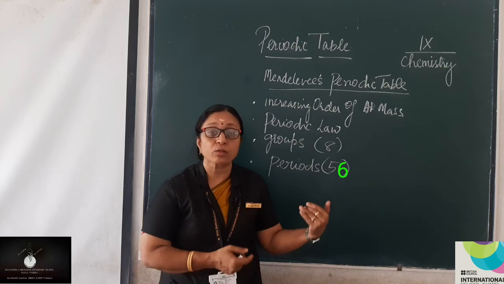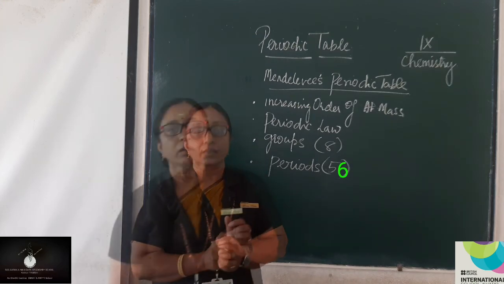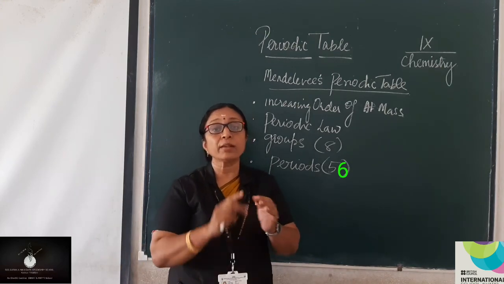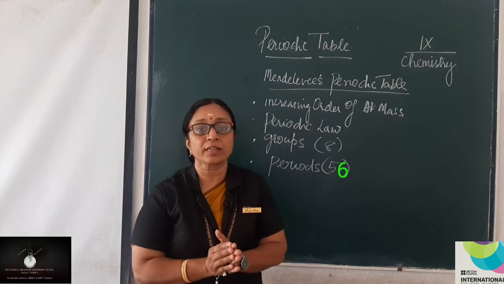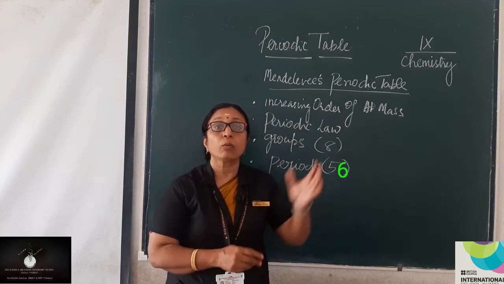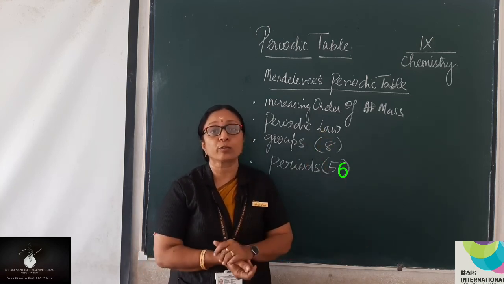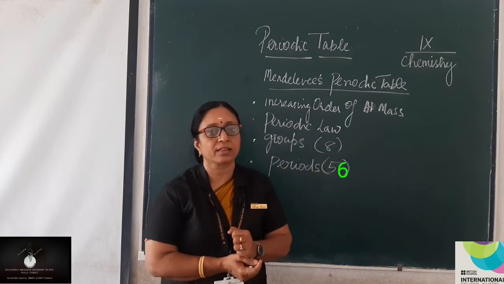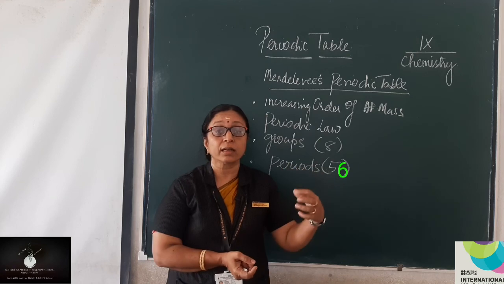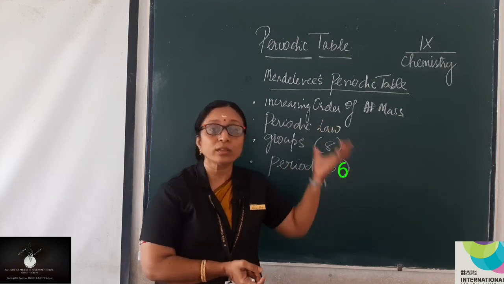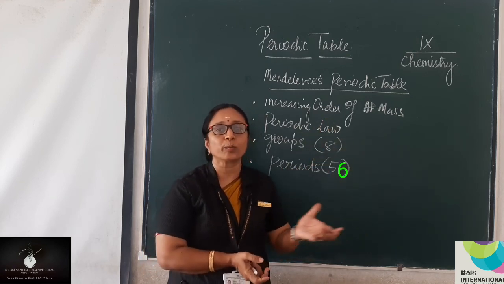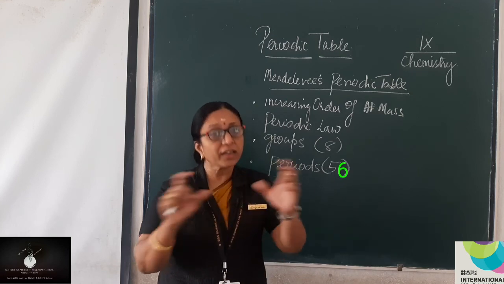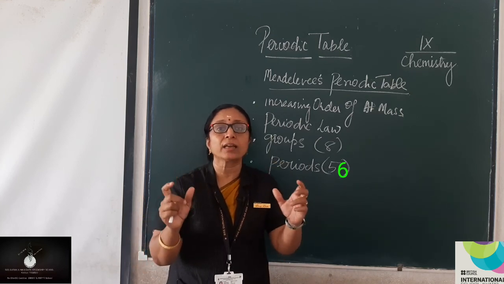So what were the 3 limitations? Number 1: elements with a large difference in their physical and chemical properties were placed in similar groups. For example, sodium and potassium are soft metals, whereas copper and silver are hard metals, yet all these were placed in one group. So there were large variations in their physical and chemical properties.